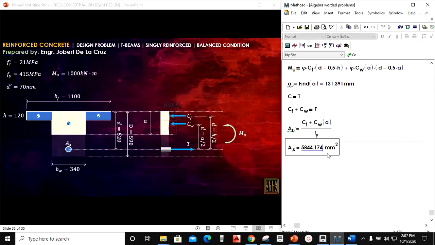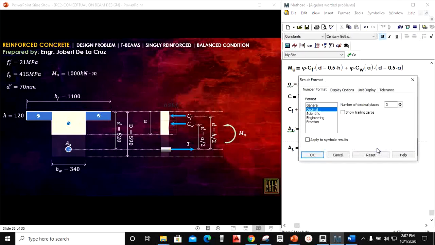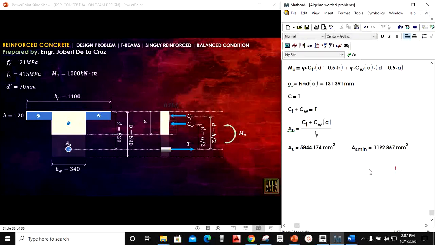And by the way, I will just put the AS minimum dito. This is greater than, no, AS minimum. Okay, ito yung value ng AS minimum. Okay. So, that is greater than. So, okay yan.